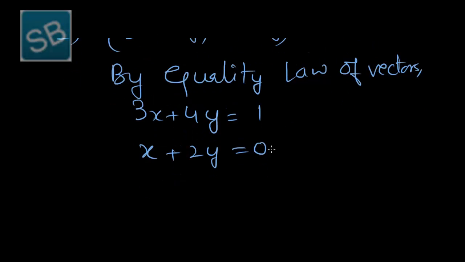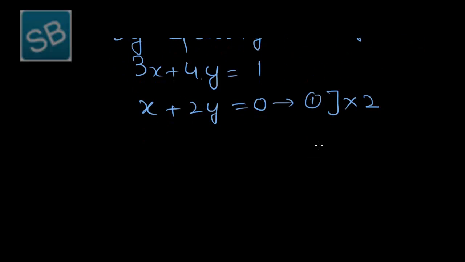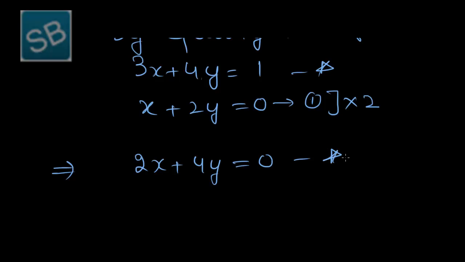So multiplying this equation, that is the second one, by scalar 2, to make the coefficient of y the same, we get 2x plus 4y is equal to 0. Now this is equation star and this is equation star 1.